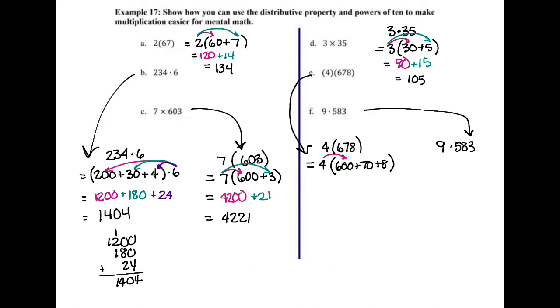So 4 times 600, 4 times 6 is 24, and then we have 2 zeros. 4 times 70, 4 times 7 is 28, and 1 zero. 4 times 8 is just 32.